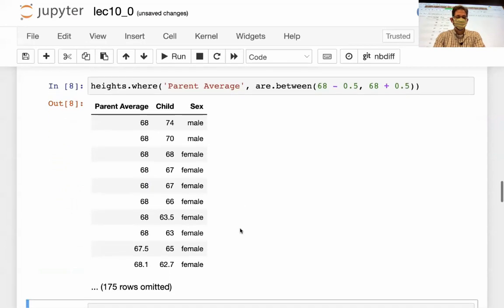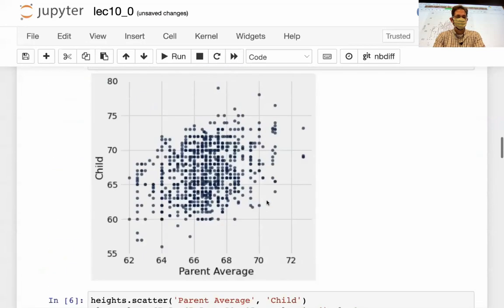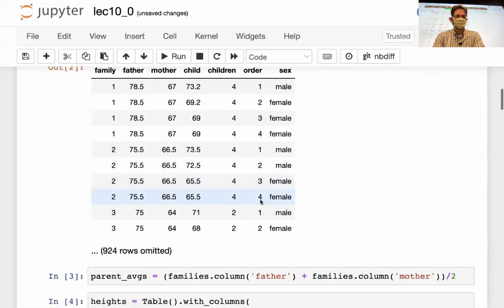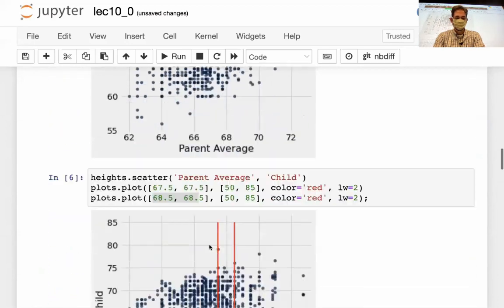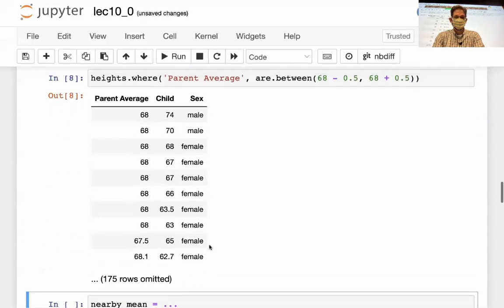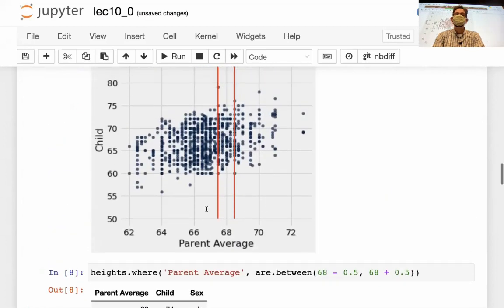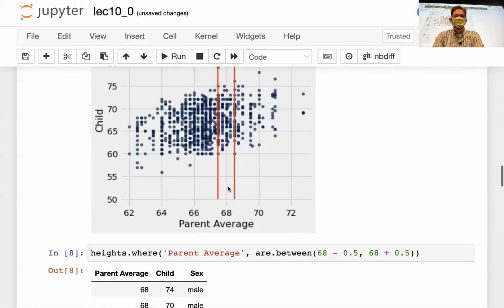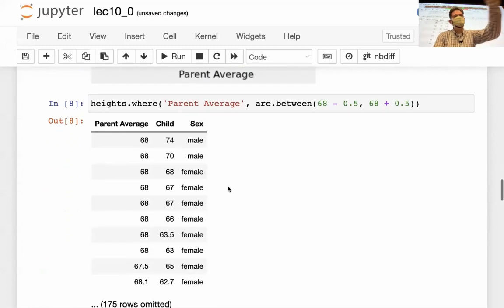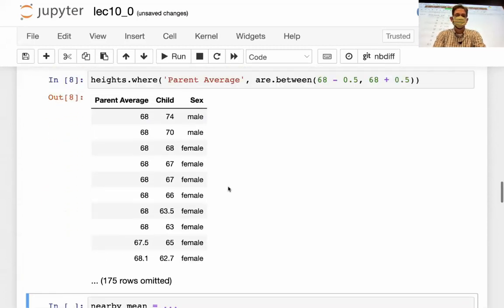All right. Now we're down to 185 rows instead of the original 934. The filtering we've done is just using the parent average column, but what we're interested in is the range of heights for the children. We know it's a huge range, goes all the way from 60 to almost 80. But if we wanted to just pick something in the middle of that range, we could take the average or the mean.